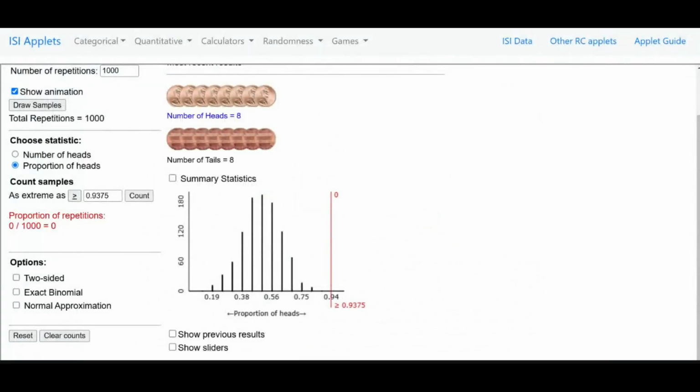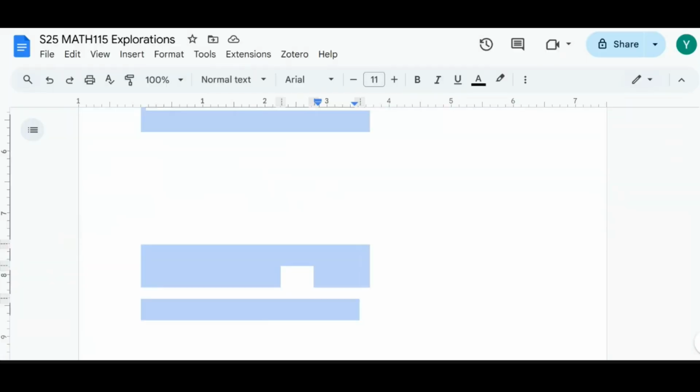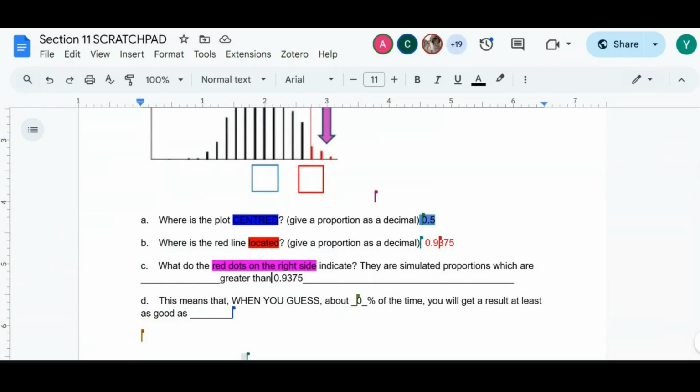Do you see that number floating there? It's so important it gets repeated here as well. Did I ever see a score as good as 0.9375 when I simulated? No. Therefore, can you now answer this question? About 0% of the time. Good. You will get a result at least as good as, and this is a repeat, kind of a trick question, 0.9375.